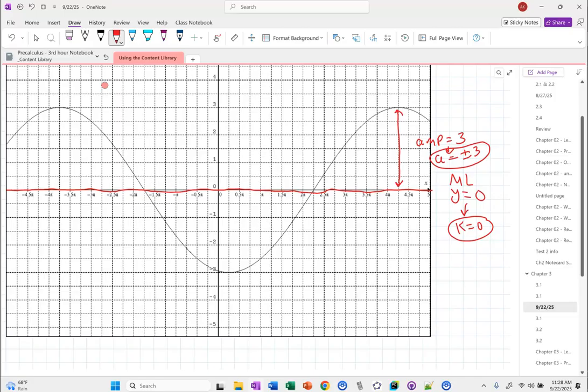Is this just finding sine and cosine? Right, you're just writing the sine and cosine equations for this function.